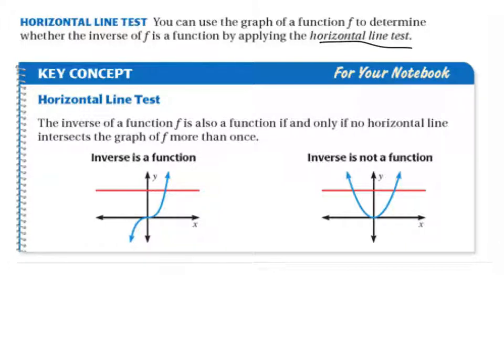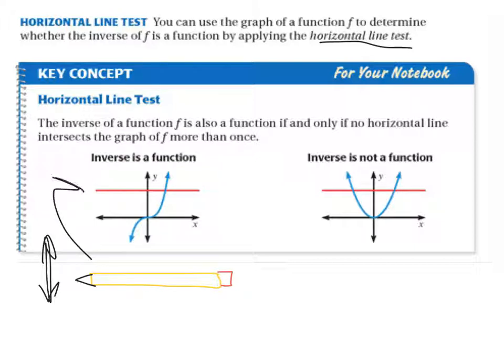Okay, what I have here is honestly like a pencil. You hold your pencil, you run it up and down your graph, and it just says if something is a function or not. So the inverse of a function f is also a function if and only if no horizontal line intersects the graph of f more than once.